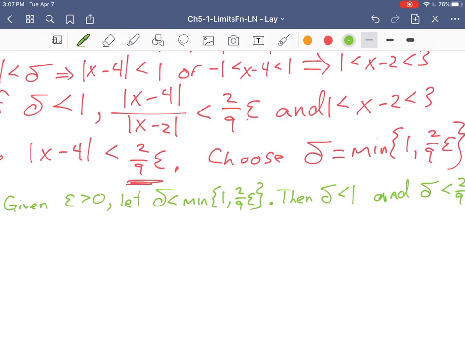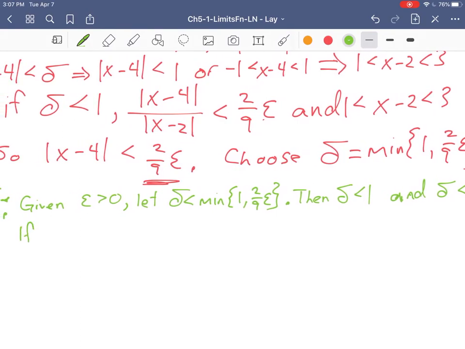And so if we have the absolute value of x minus 4 is between 0 and delta, then we have the absolute value of x minus 4 is less than 1.